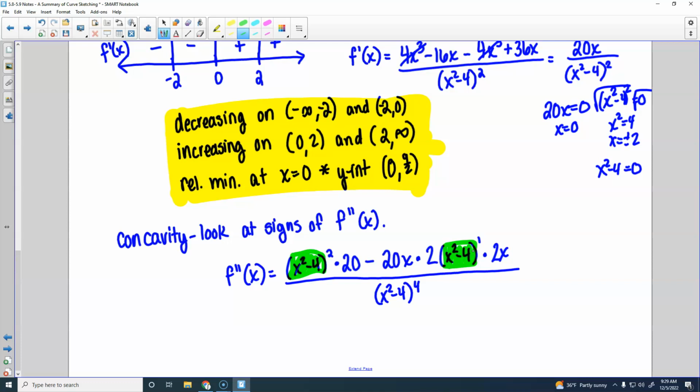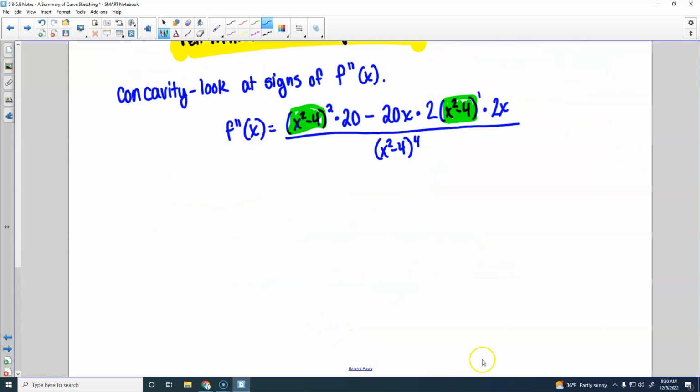So I can factor the lowest one of those out, which will cancel with one of the ones in the bottom. That is going to be the simplest way to simplify, because otherwise you've got to double square this, and then distribute and everything, and then you might need to factor back out to get something to cancel. So since I've got x squared minus 4 with both of these, I could factor one of those out.